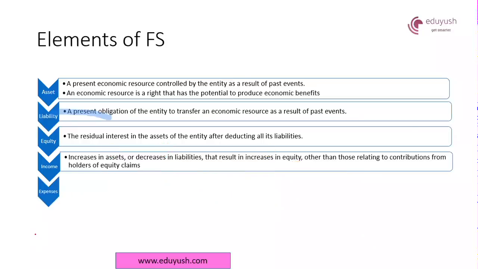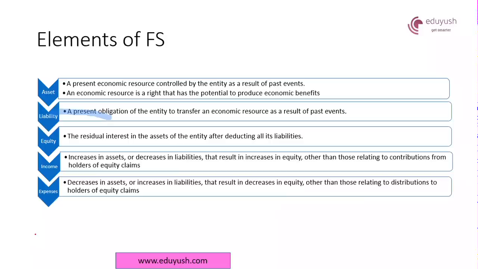And expense is exactly the reverse: a decrease in asset or an increase in liability that results in a decrease in equity, other than those relating to equity holders. So what do we mean to say? Suppose you pay salary. I am going to decrease cash.